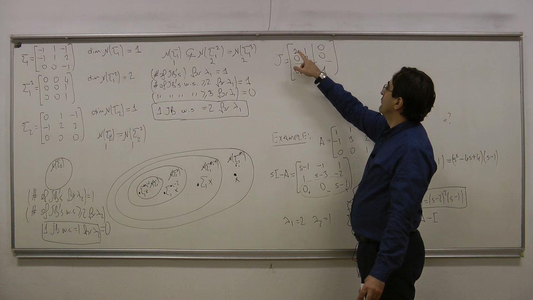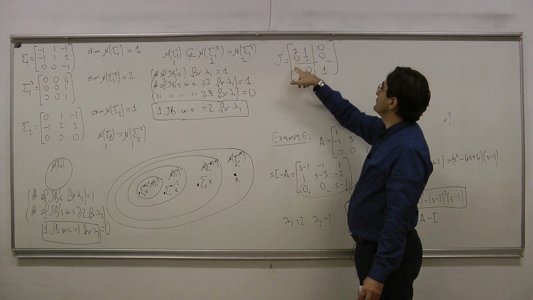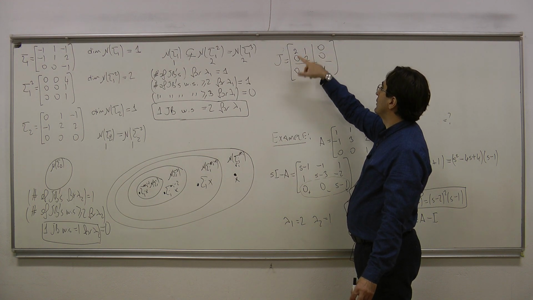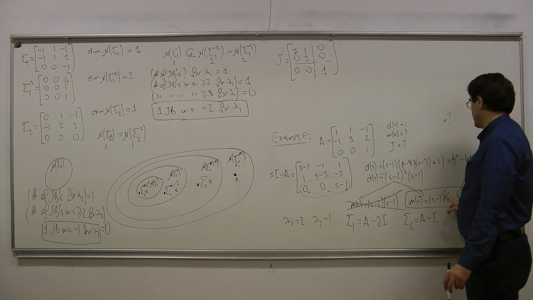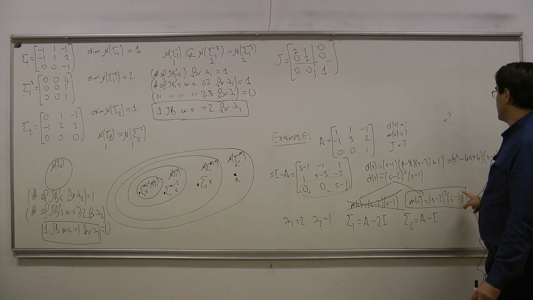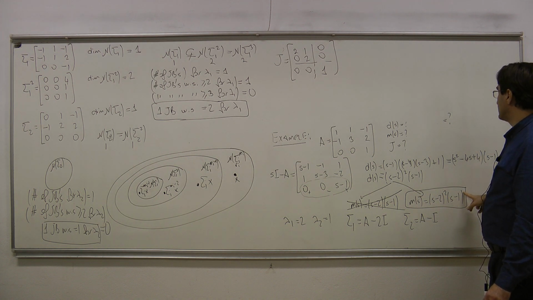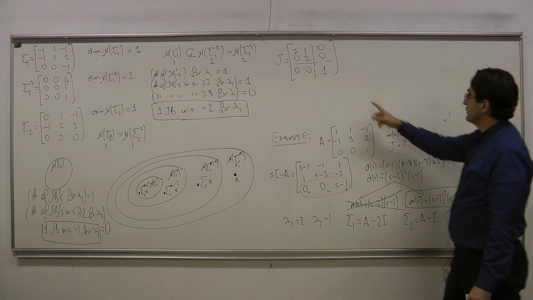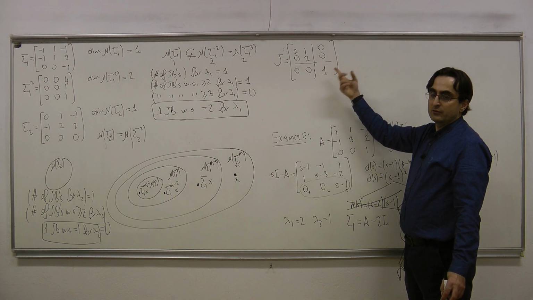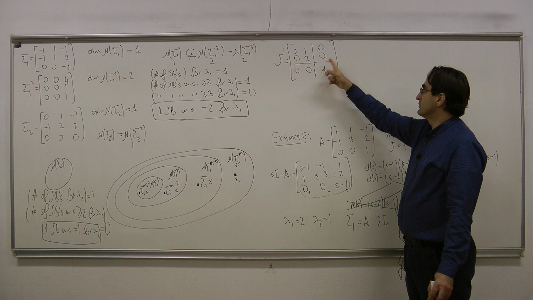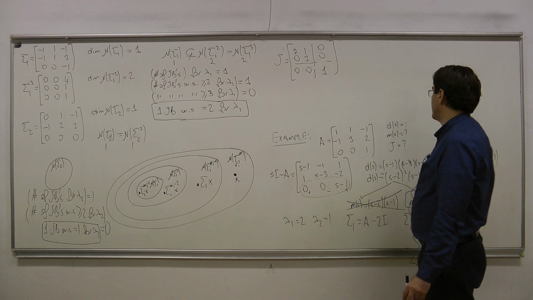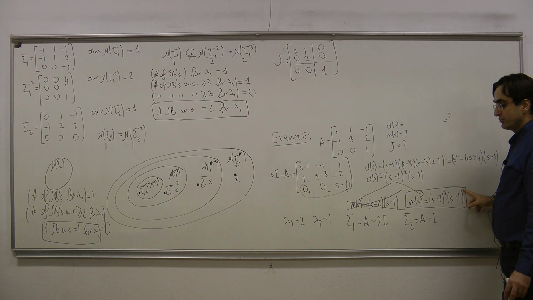So for the first eigenvalue, the size of the largest Jordan block is 2, and that is the minimal polynomial power. Similarly, for the second eigenvalue, the size of the largest Jordan block is 1. There is only one Jordan block, therefore the size of the largest one is going to be 1, and this power is 1 here.